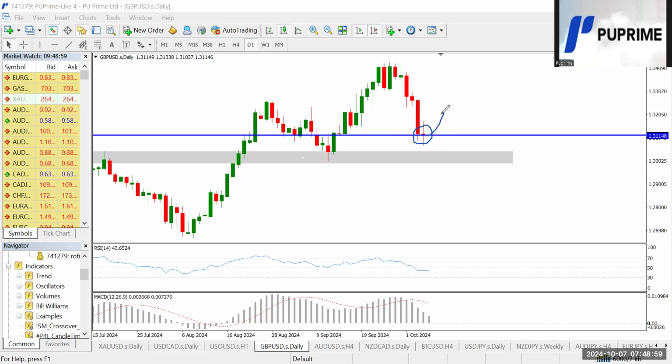Price might either go up or break out. So for me, if you can stay out of this pair for now, at least wait till price touches this previous resistance or support ahead. We know that if it touches this place, there should be a bounce before a decline. That looks more like it. For now, just be careful until price hits this level. And if the volatility is strong and it proceeds below that level, yes, you can look for more opportunity to sell. But be careful around GBP USD for now.